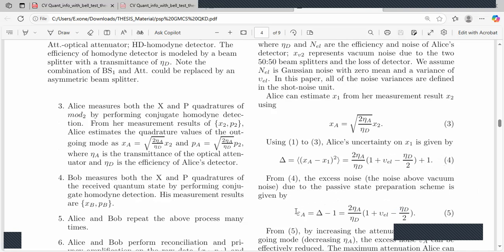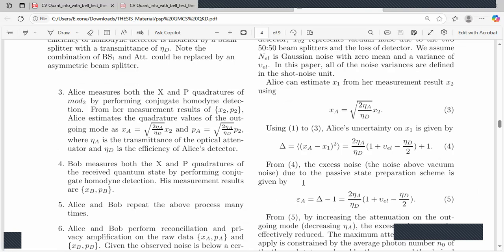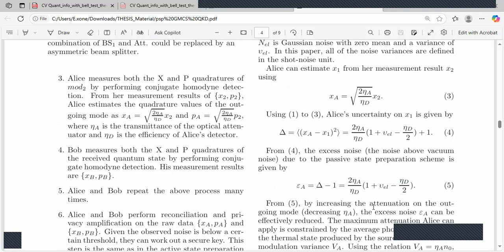So here Alice is calculating the state preparation noise, as she is eliminating the vacuum noise from the uncertainty in her measurement and in Bob's measurement. So this epsilon A is a state preparation noise, and it is going to be a trusted noise in the overall security model.